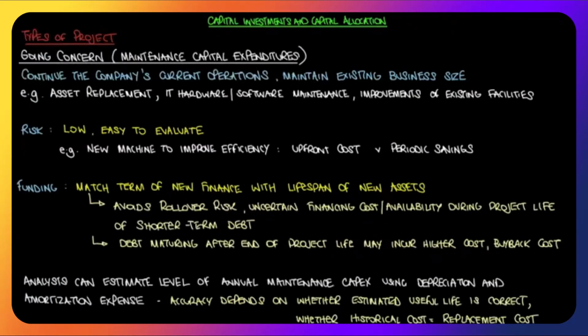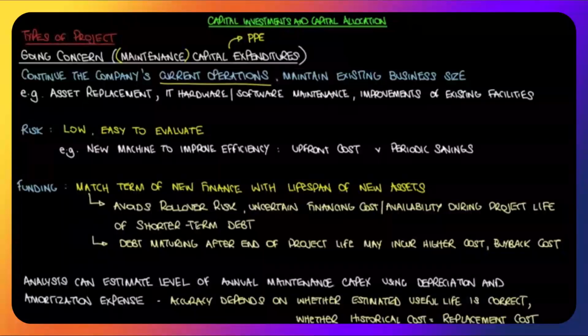The term here means it's capital expenditures, so we are definitely spending on PPE, property, plant, equipment, or intangibles, but it is simply to maintain your current operations. That's what it means by maintenance. FSA veterans may have panicked and said, well, hang on, if it's maintenance, it's repairs, that's an expense, it's not CapEx. Not what it means.